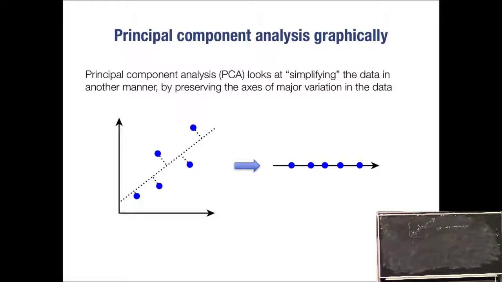The other way to think about that is that I am taking each point and representing it as just the closest point along this line. In terms of my original space, I'm approximating it by throwing out that second axis of variation.